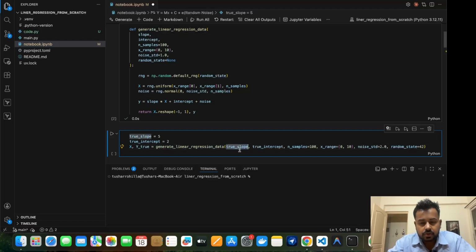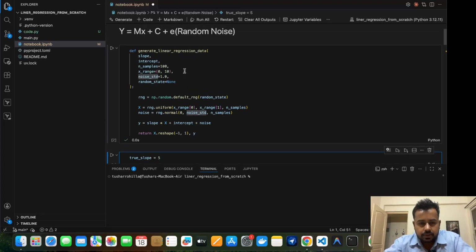This takes the true slope and true intercept, which are 5 and 2 in our case, and we are saying generate me 100 samples of this data set, and the x range is from 0 to 10. Obviously x is varying from 0 to 10, and the noise standard deviation is 2. Random state we are setting as 42.